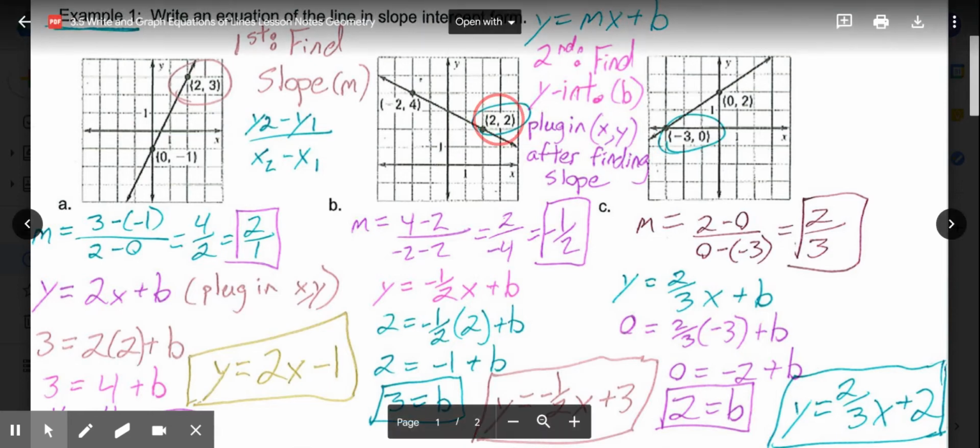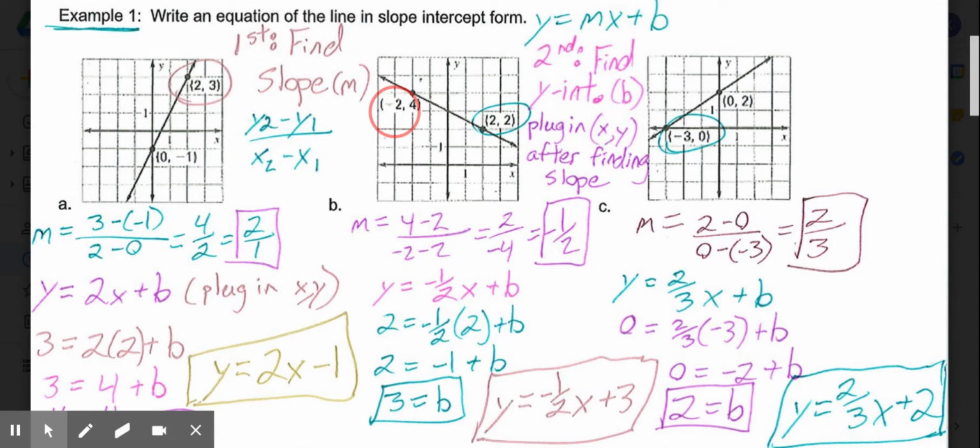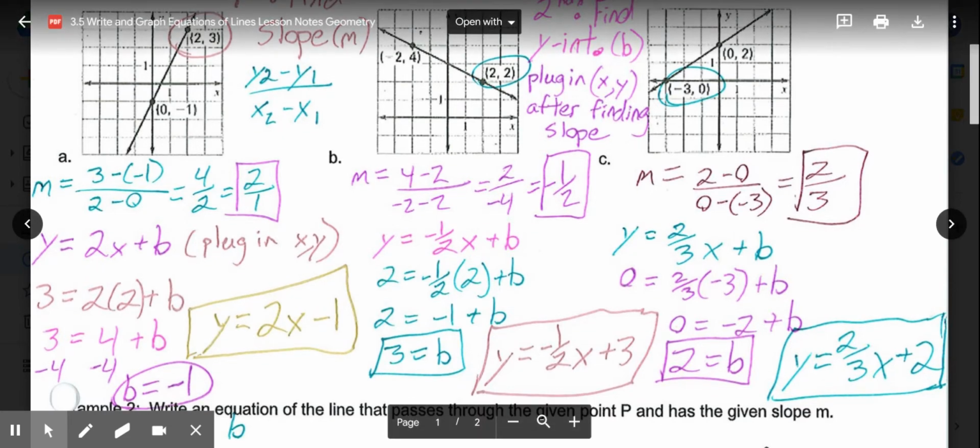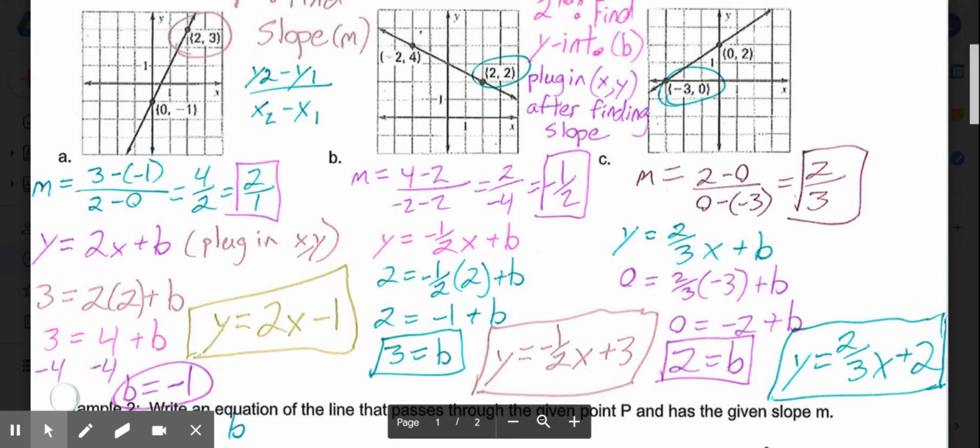Now I can choose either point to plug in for x and y. So I'm using the 2, 2, and I'm going to replace x and y with their proper values. So it becomes 2 equals a negative 1/2 times 2 plus b. 2 equals a negative 1 plus b, so add the 1 to each side, and b equals 3. So my slope's a negative 1/2, y-intercept's 3, so y equals a negative 1/2 x plus 3.